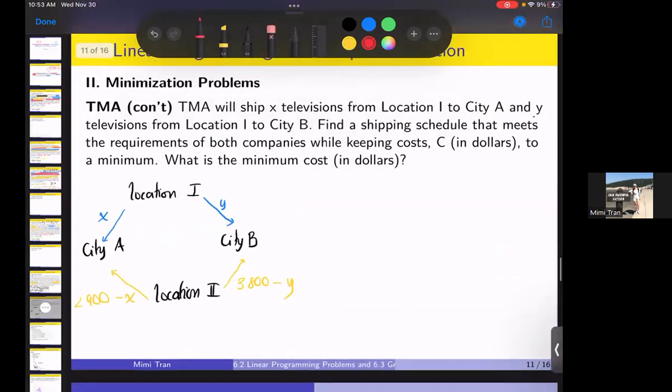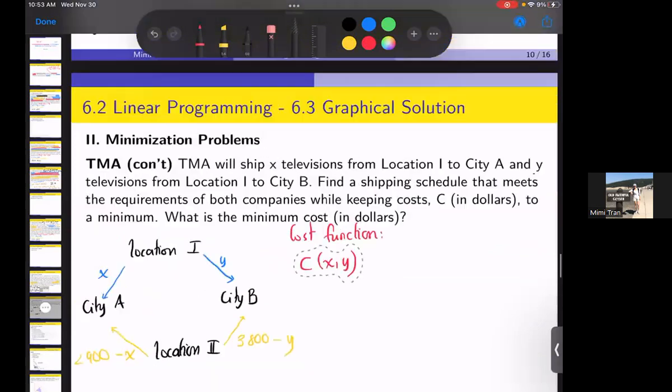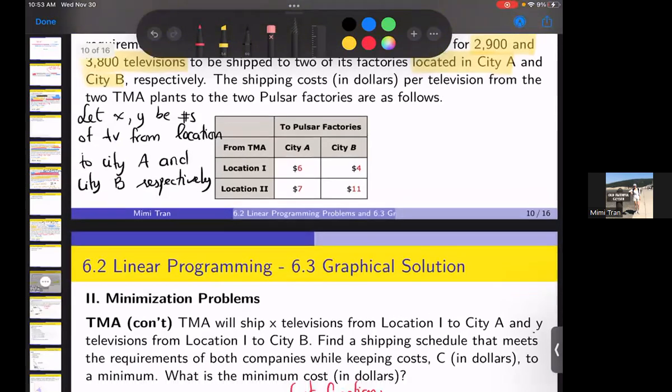Now the cost function, denoted C. Let's see. From location 1 to CDA, it costs $6 per TV delivered.